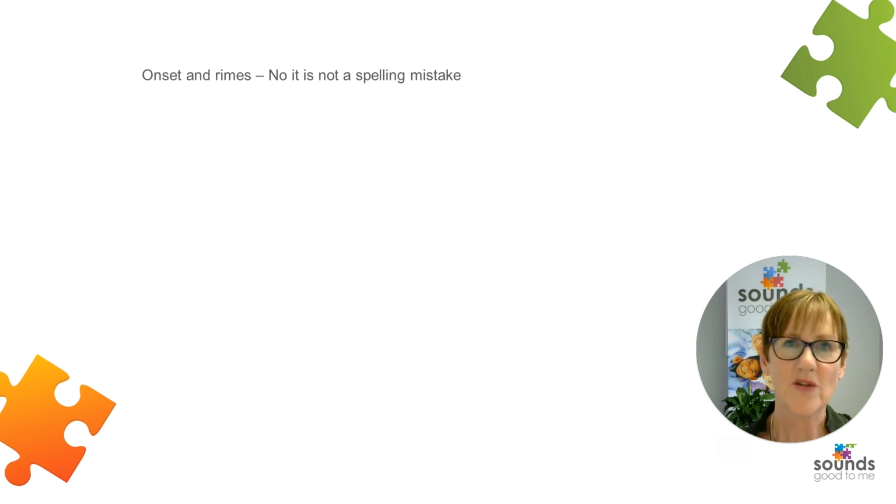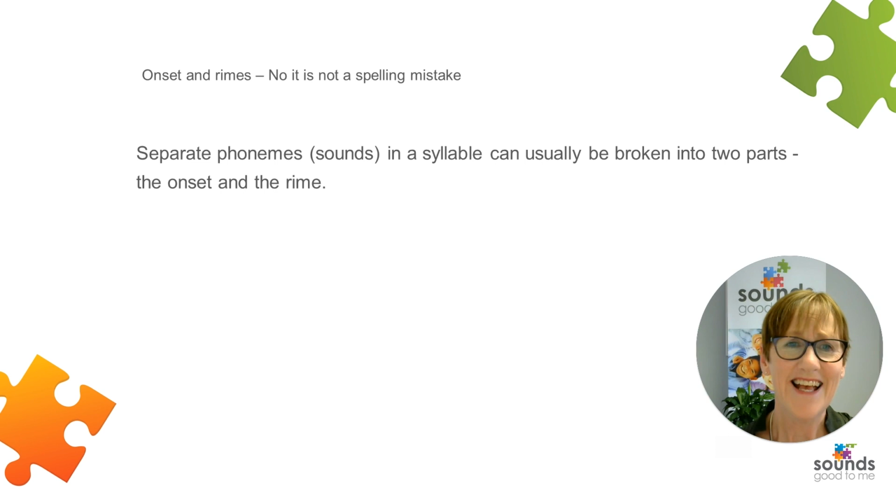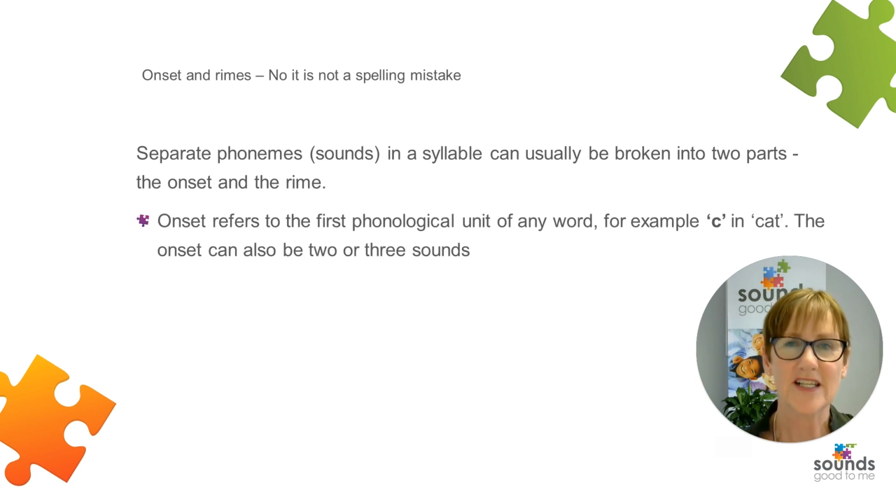I'm going to talk now about onset and rhyme. And no, it's not a spelling mistake, it's a linguistic term. So what is it? Separate phonemes or sounds in a syllable can be broken into two parts, the onset and the rhyme. Let's take a closer look. The onset refers to the first sound unit in a word.